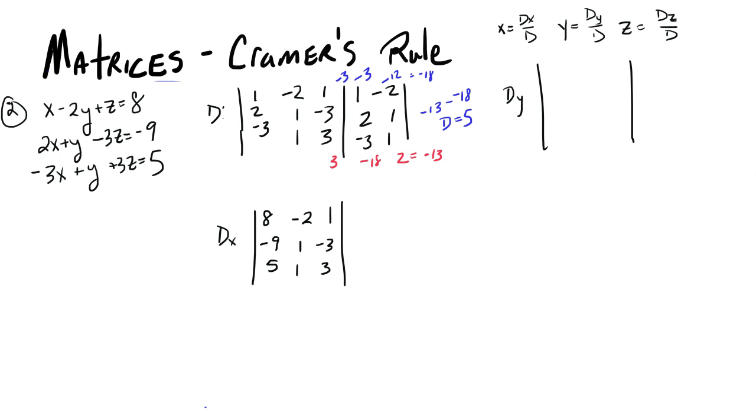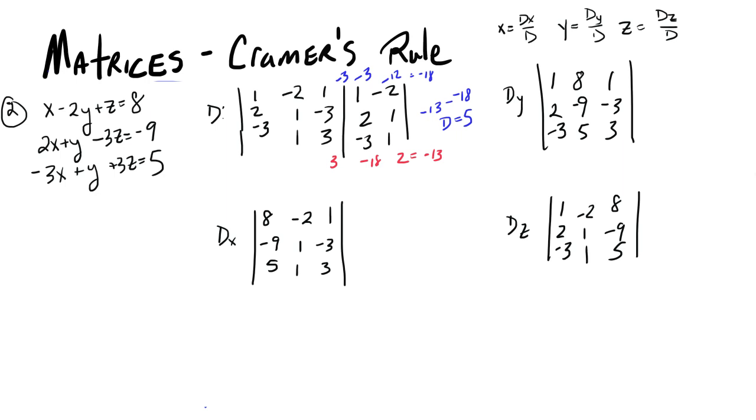So I'm going to swap out the middle column and put the 1, 2, negative 3 back. 1, negative 3, 3. And might as well do dz. Just set them all up. Swap the third with the answers, and put the first two back the way they were. 1, 2, negative 3.